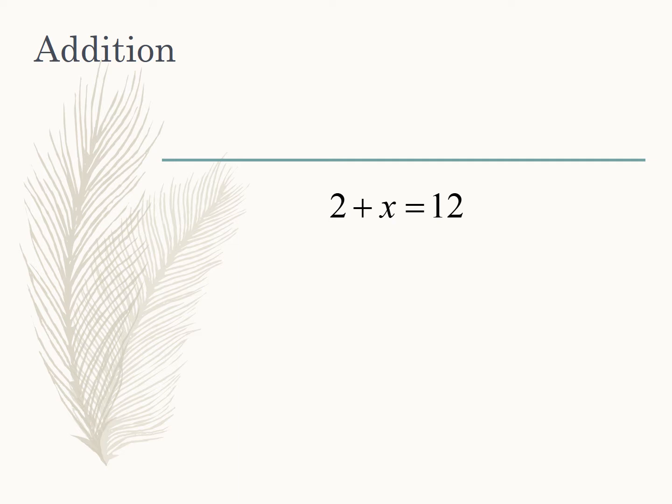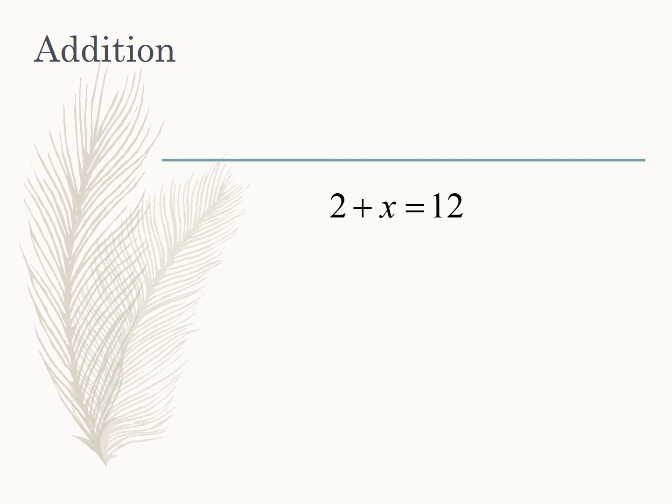There is only one number that we can add with the value of 2 and get a solution of 12. You probably know that that number off of the top of your head is 10, but there is a method that we must go about to solve it so that when the problems become more involved, we understand the theory and we can get to the solution.